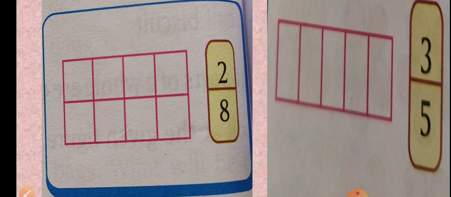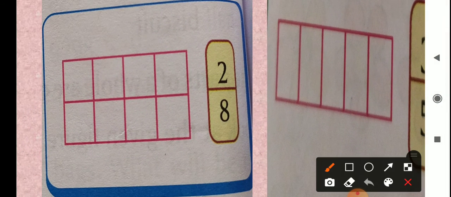Now see the next example, 2 upon 8. Here the total number of parts is 8. Let's count: 1, 2, 3, 4, 5, 6, 7, 8. From that we have to shade 2 parts. So we will shade them.